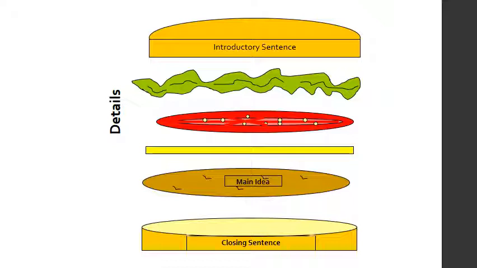In the middle, I have the ingredients in the hamburger sandwich. So in the middle of the paragraph, I will find the details. At the end of the sandwich, I have the bottom bun. And at the end of the paragraph, I have the closing sentence. You see now the comparison? Let's move in detail through every part.